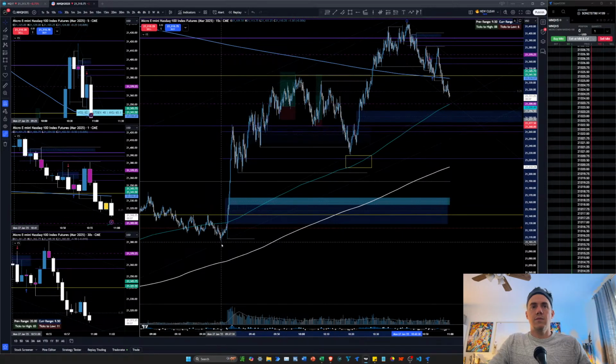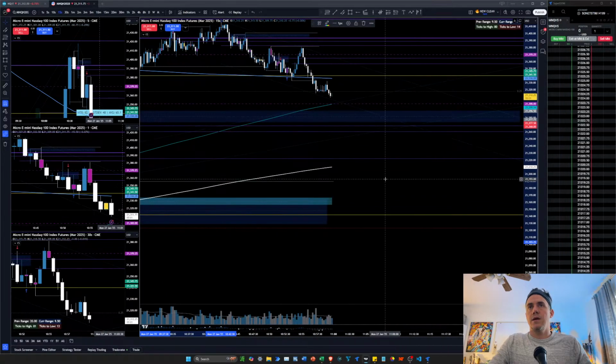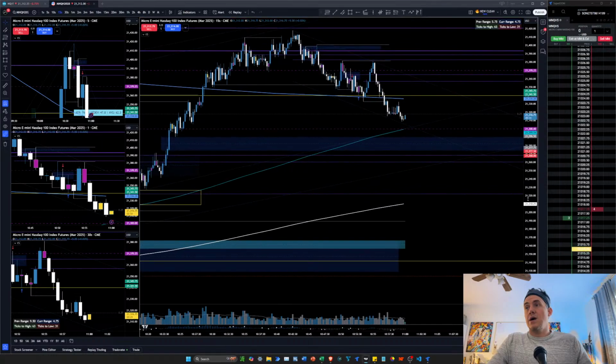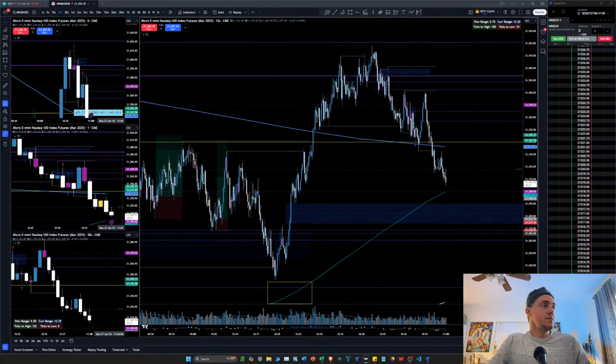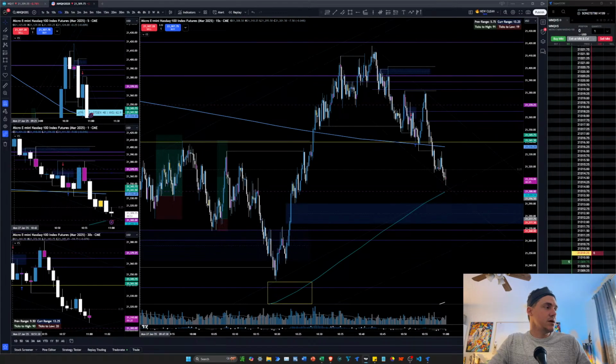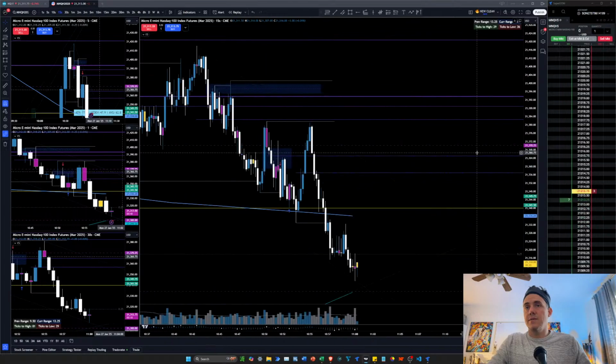Let's see, where's 50% of this range? Here. Question is how aggressive am I with this level? And what does the 5-minute chart look like? See, the 5-minute looks ugly already. I mean, the 15-minute. 5-minute looks kind of like it's sitting right there. Like it's a now or never on the 5-minute.